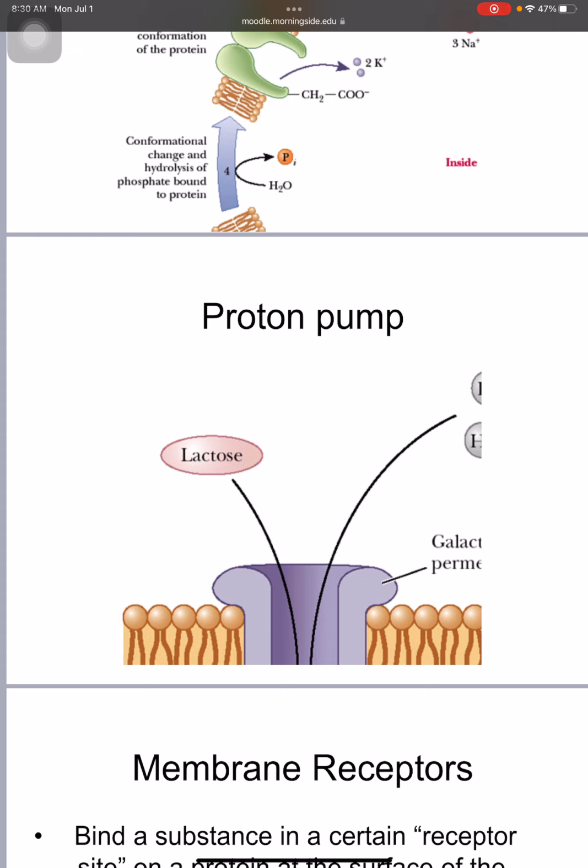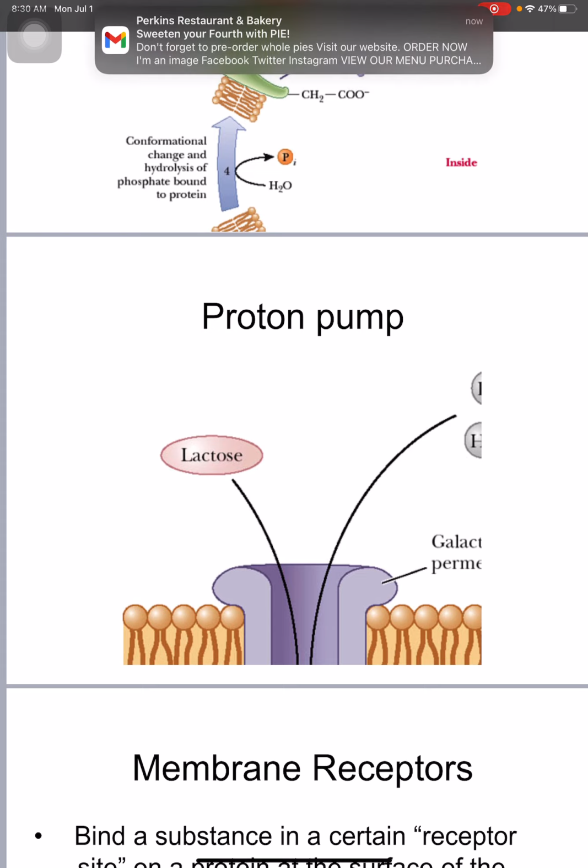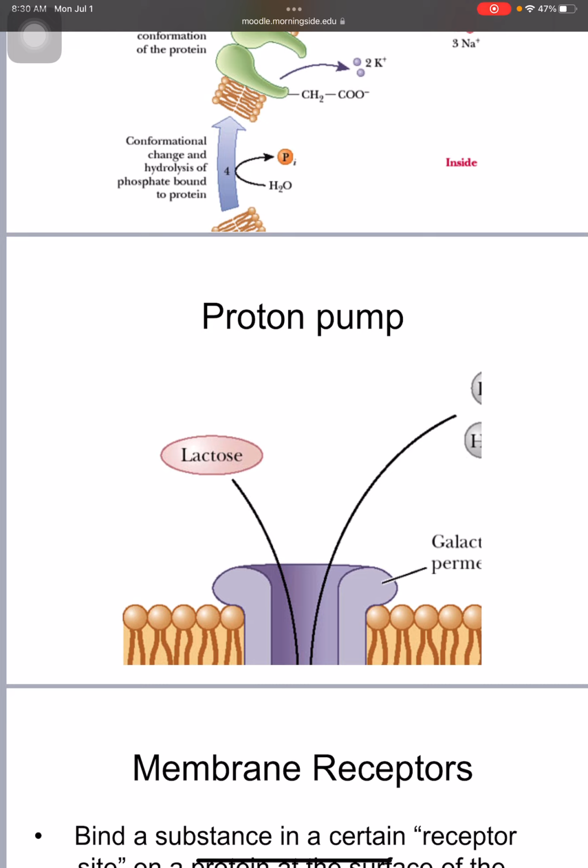Basically what we're trying to do here is get lactose from the outside of the cell to the inside of the cell. That is not a favorable process because the concentration of lactose is going to be higher inside of the cell than on the outside. So naturally, lactose has a hard time moving inside the cell because of the unfavorable concentration gradient. Right?